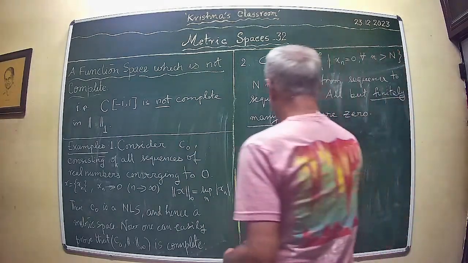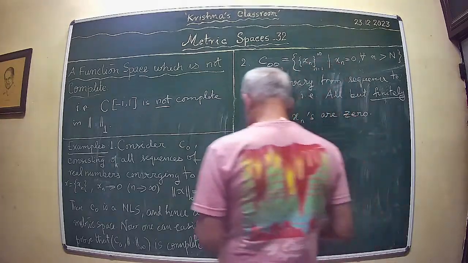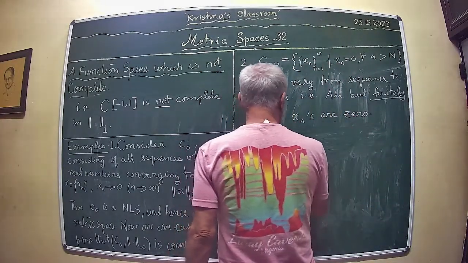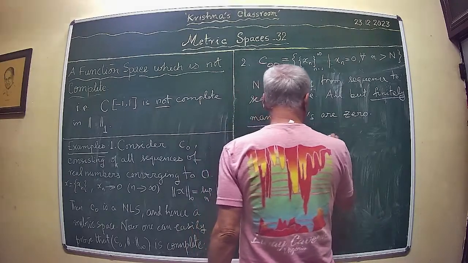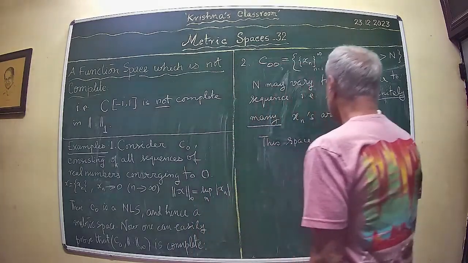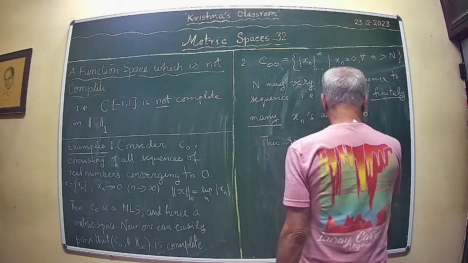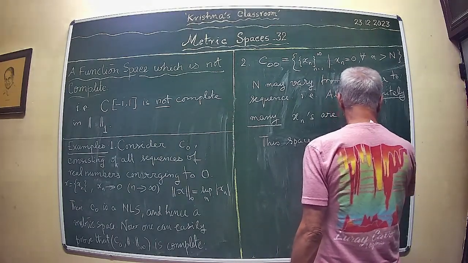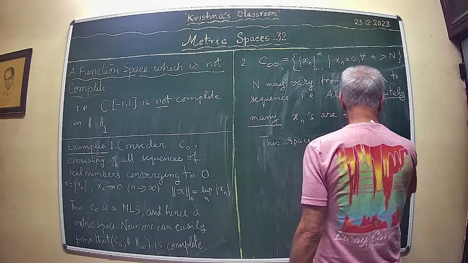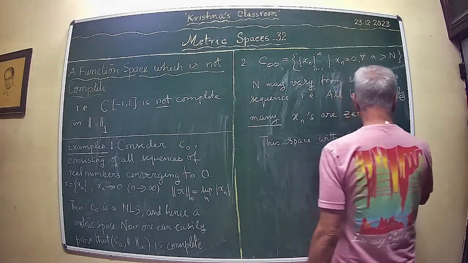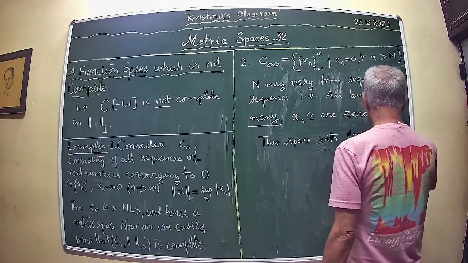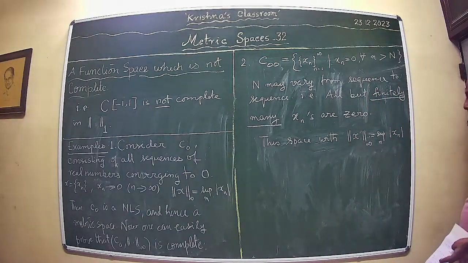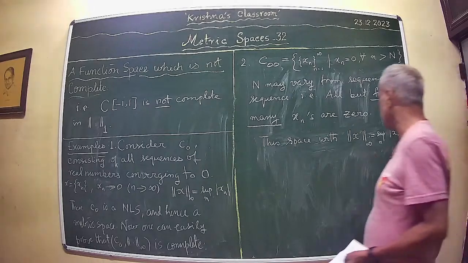Now this space is a vector space, obviously, with the norm of the supremum, and you see that this is a norm.